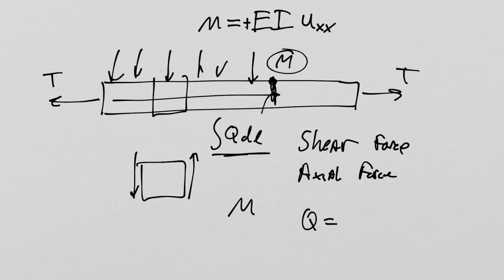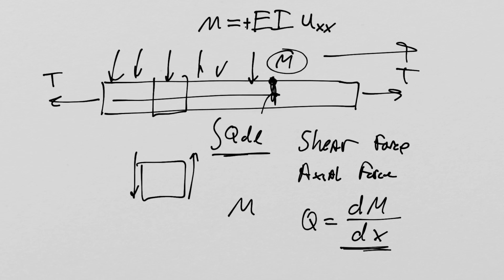The thing we need to remember is that the shear force is the derivative of the moment with respect to this direction along the wire, which we're calling x. So the shear force at any point is related to this derivative.